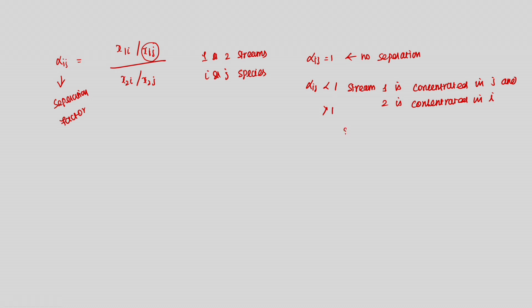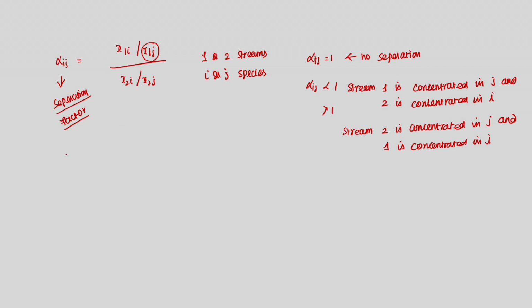The greater than 1 is exactly opposite: stream 2 is concentrated in J and 1 is concentrated in I. Okay. So, this is the separation factor with which we can say whether the separation is possible or not, or which species in which stream is concentrated, right.